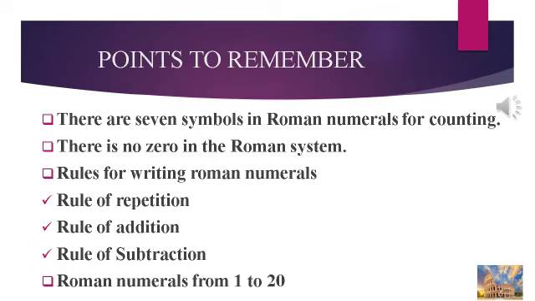If a symbol of smaller value is to the left of a symbol of higher value, we subtract the smaller value from the higher value. The symbols V, L and D cannot be subtracted from any number. And I, X and C are used to subtract.